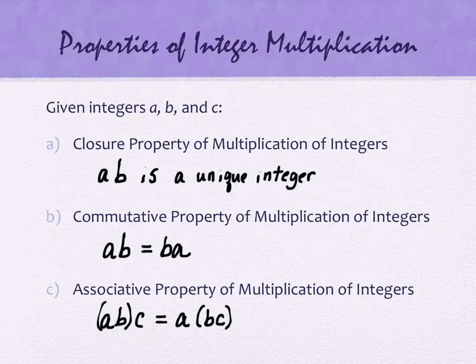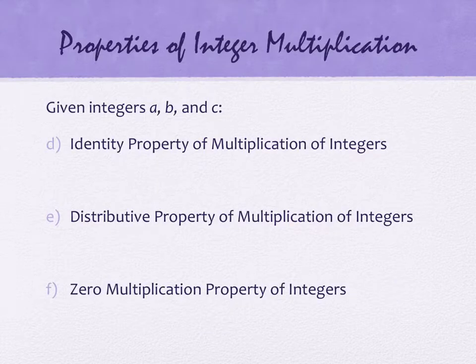All right, the next ones don't necessarily happen in every number system. I'm sorry, the first one does. The next two were a little bit different. So let's take a look at the first one, the identity property. What is the identity property of multiplication of integers? Thank you, Kaylee. A times 1 equals A. There's another part to that.